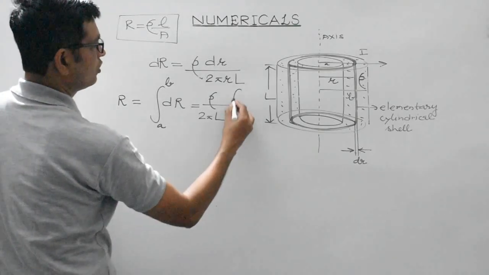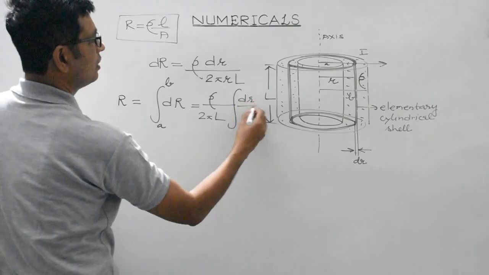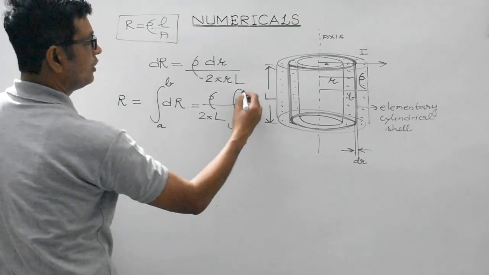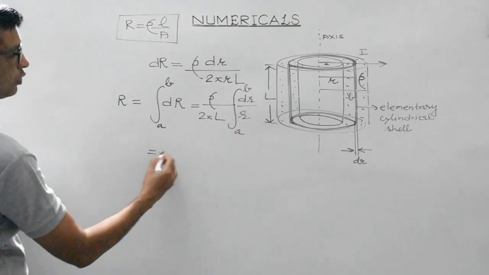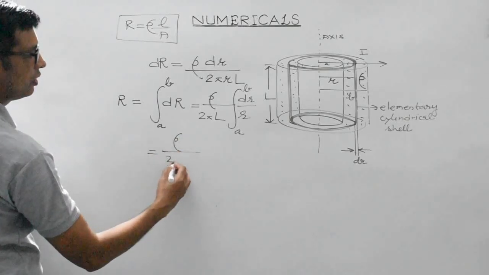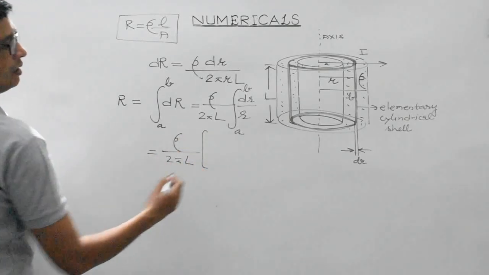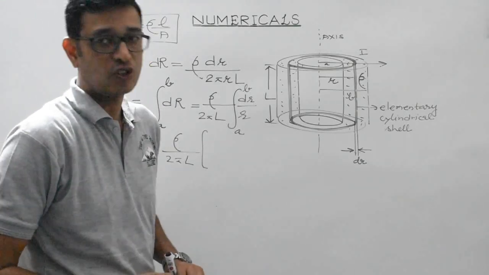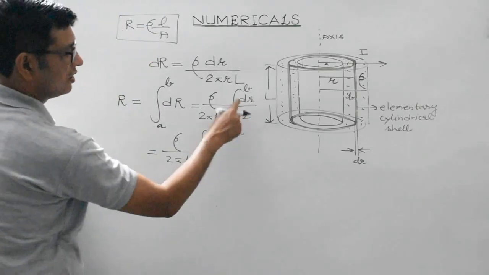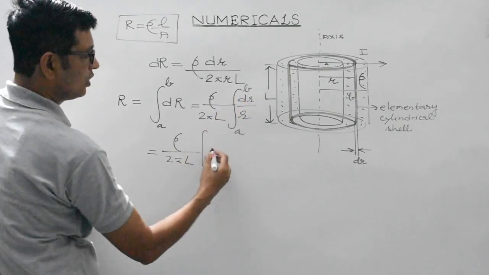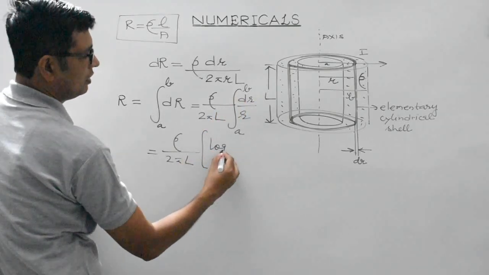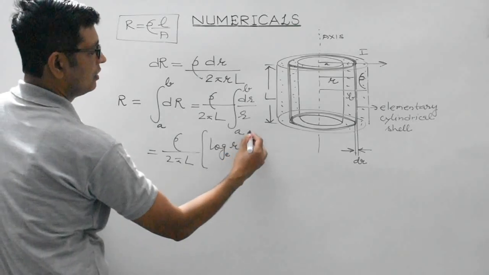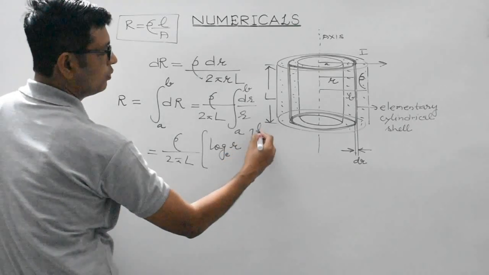So it will be dr by r, with limits from A to B. So what you get is rho over 2 pi L. The integration of 1 by x with respect to x is natural log of x, isn't it? So here the integration of 1 by r with respect to r would be natural log of r, with limits from A to B.